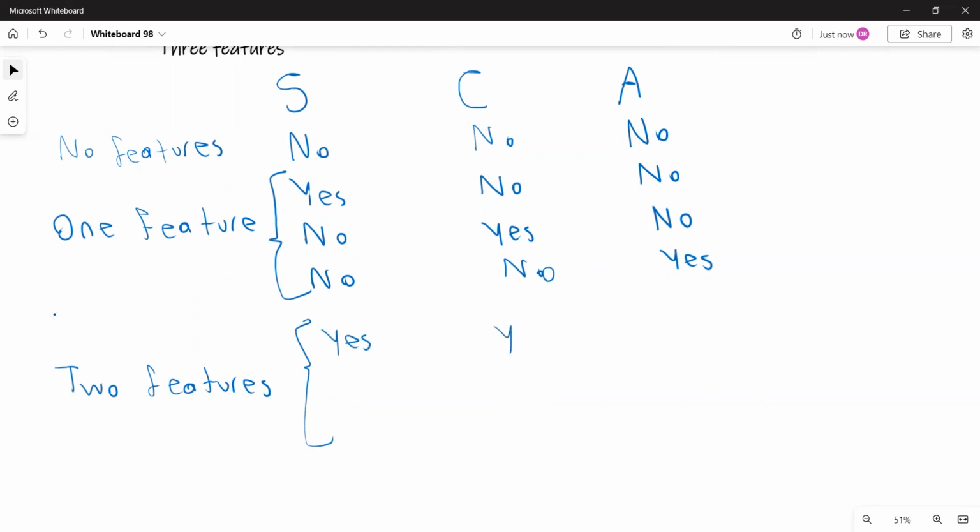So it may have multiple screens and multiple cameras, but no AI photo editing, or it may have multiple screens and AI photo editing, but no multiple cameras, or it may not have multiple screens, but have the other two. And if it has all three, that can only happen in one way.